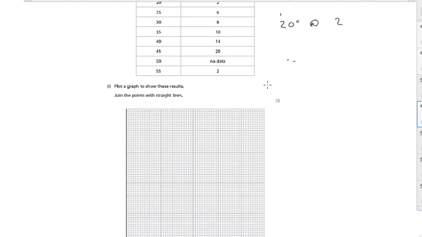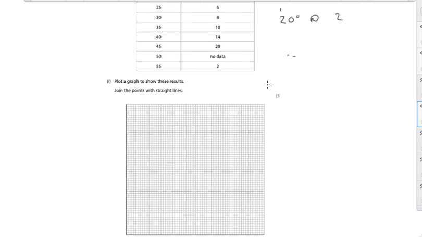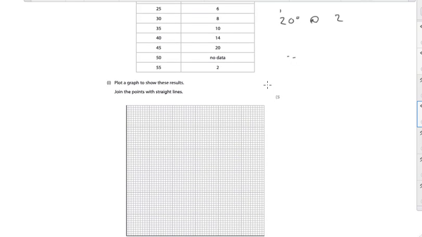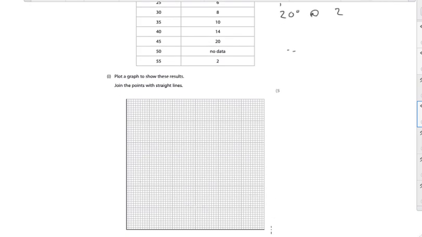So on a graph, it's important that firstly we label our axes. The bottom axis here is going to be temperature, and this is going to be bubbles per minute.